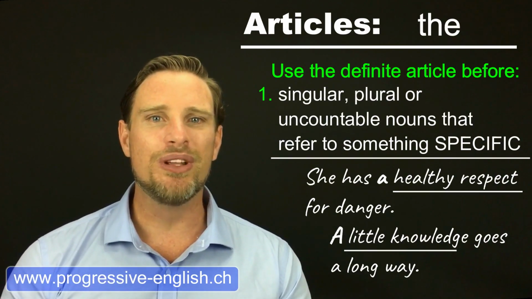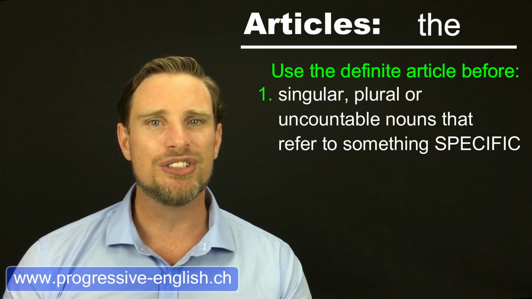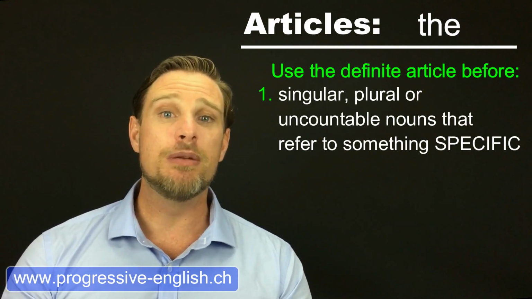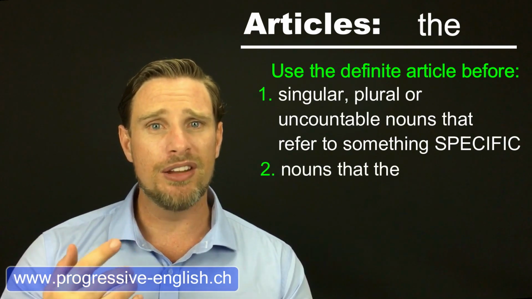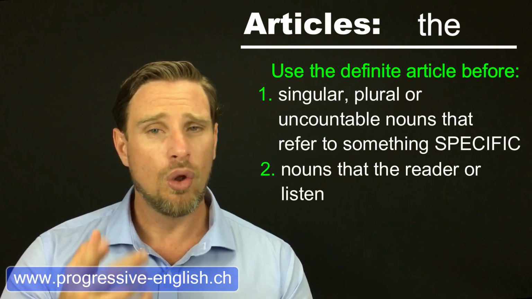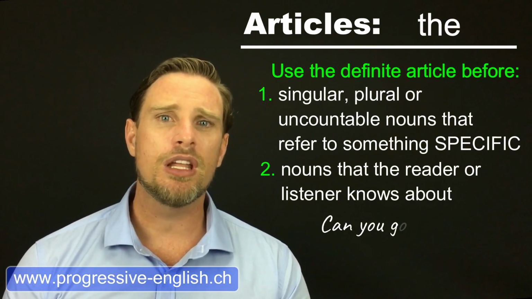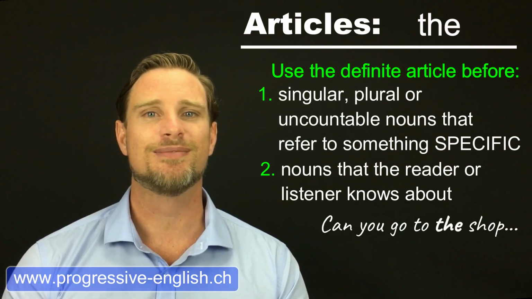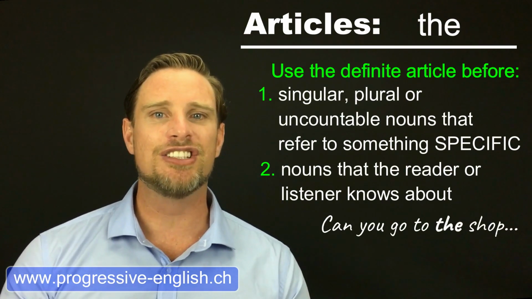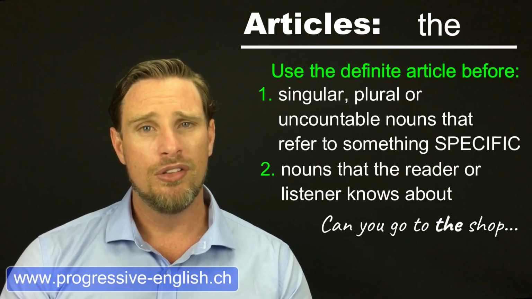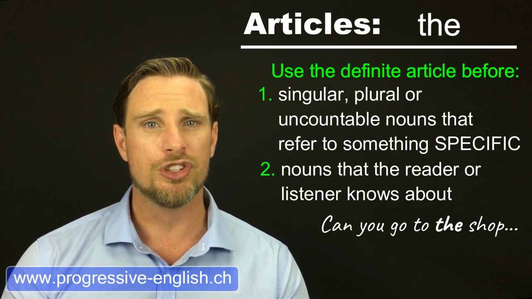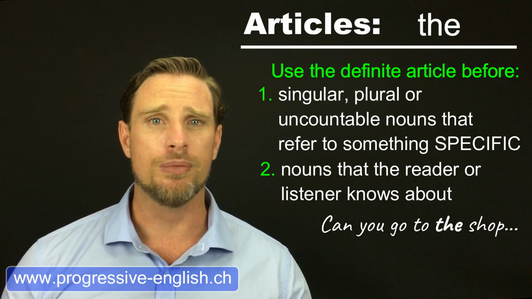Now, another way that we use the definite article is to refer to something that has been mentioned before, something that the reader or listener already knows about. For example, can you go to the shop and buy some bread? Okay, my wife might say this to me and she means the shop that we always go to, the specific shop that I already know.